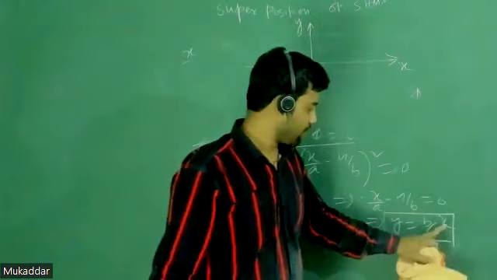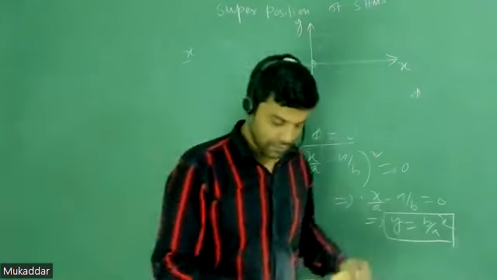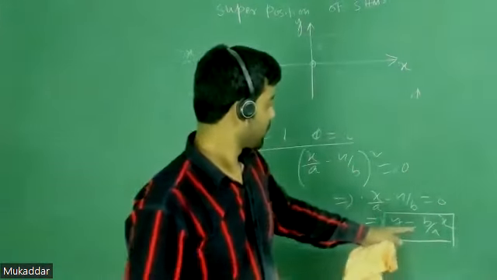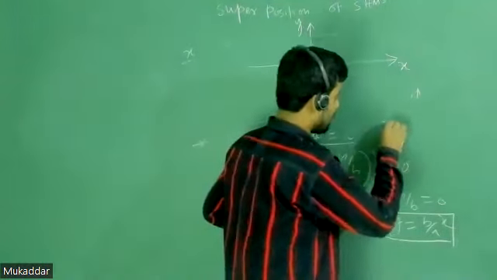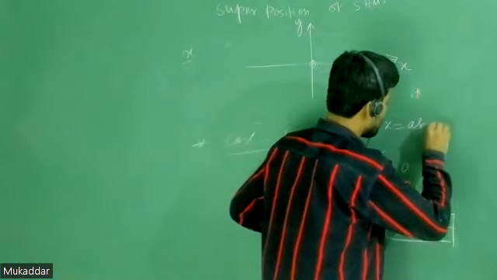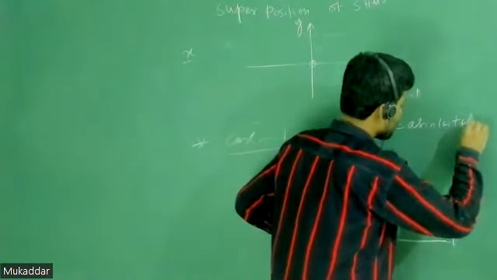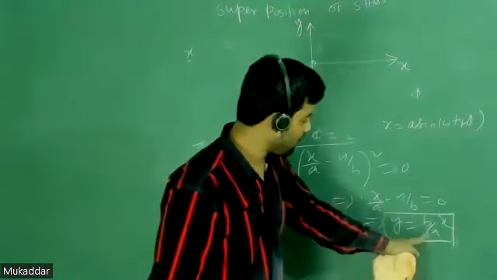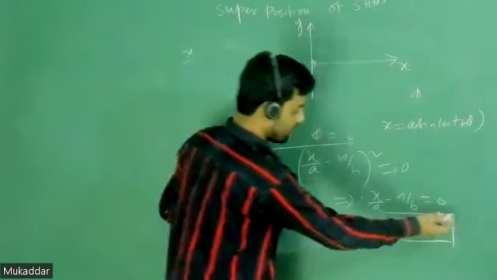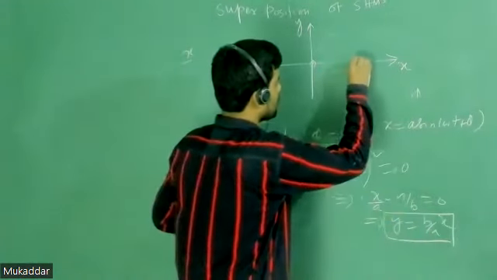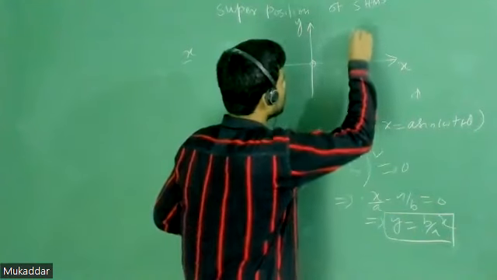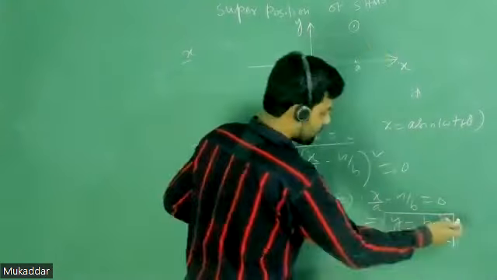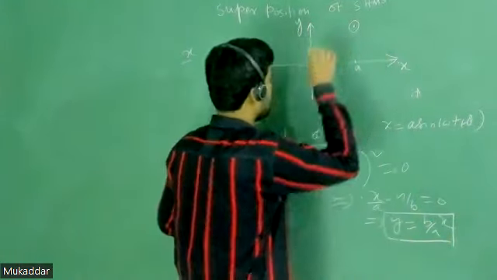And maximum x can be how much? If you remember, x was a sine of omega t plus phi, so maximum x will be a. When x is a, y will be b. So when the particle is at x equals a, the location will be here at b.